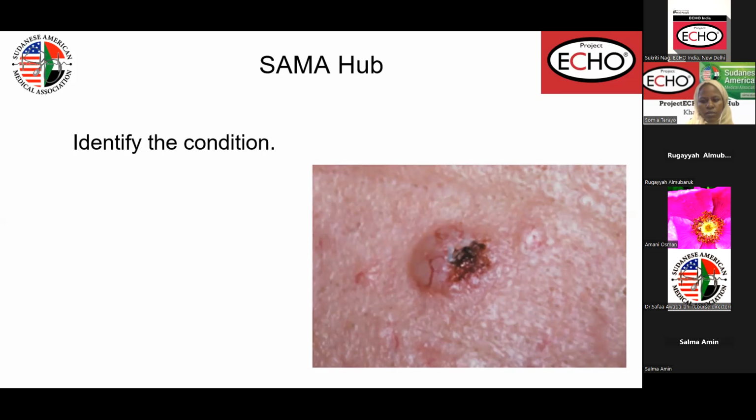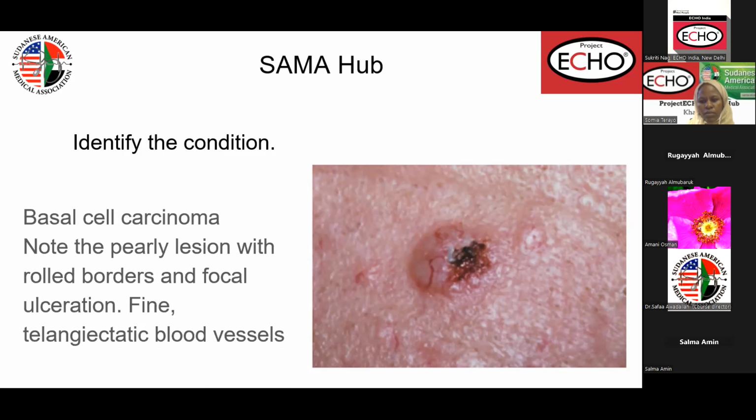Okay, any takers? This is basal cell carcinoma. Look at the pearly appearance that we talked about. The lesion looks like a small pearl. You have these rolled borders.